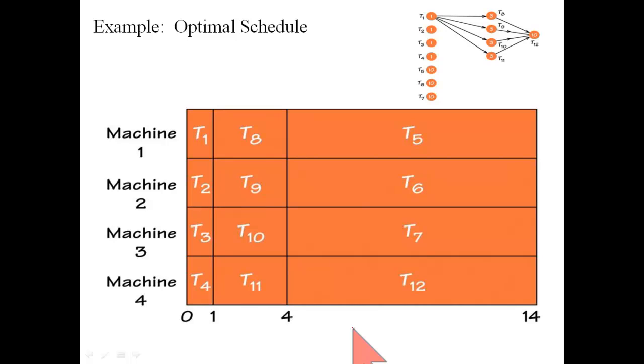And I won't go through it, but it is possible to find another schedule that looks like this, which has completion time of only 14. This schedule did not come from critical path scheduling. It came from brute force, just trying lots and lots of different priority lists until one works.